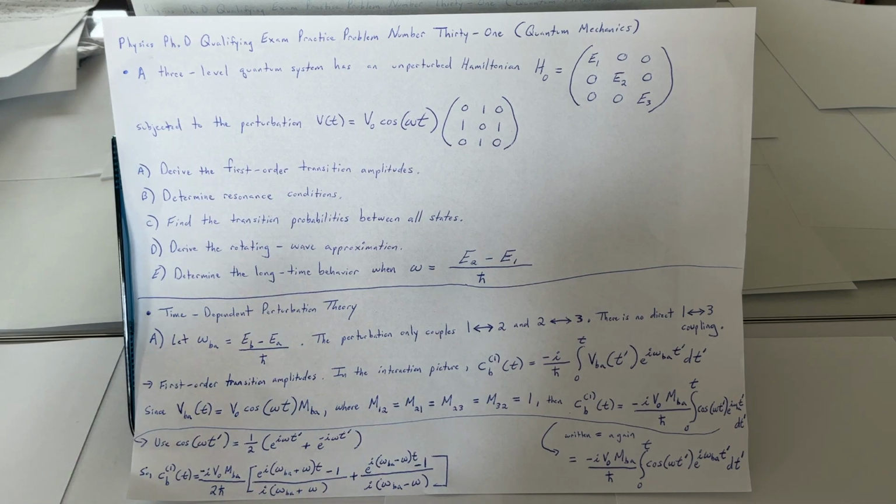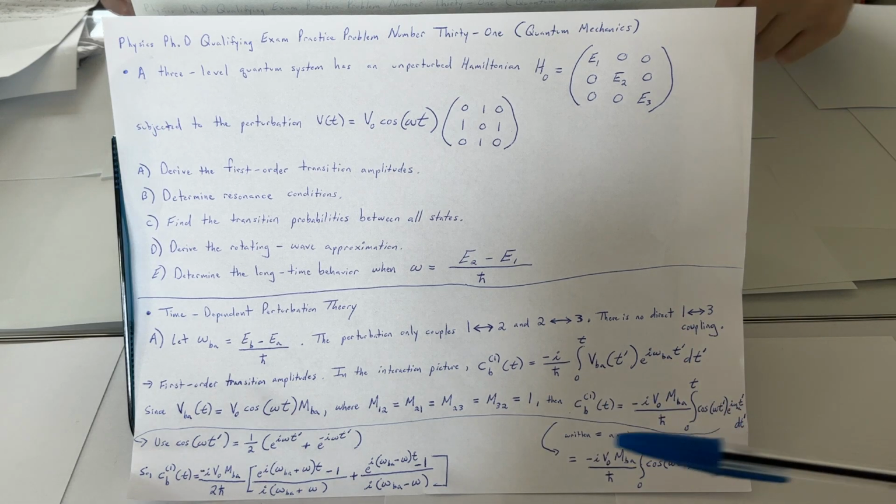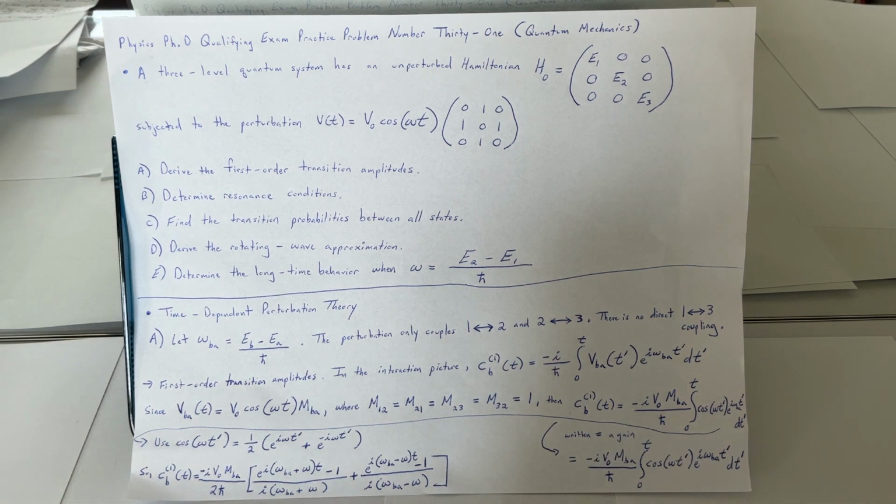So C sub B first order of t equals negative I V naught M sub BA over 2H bar times the quantity e to the I times omega sub BA plus omega, t minus 1, over I times omega sub BA plus omega, plus e to the I times omega sub BA minus omega, t minus 1, over I times the quantity omega sub BA minus omega.